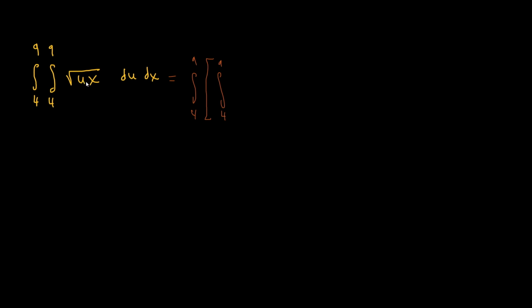And I'm going to rewrite the square root as an exponent. So the square root of u as an exponent is u to the 1/2. And dx is going to be x to the 1/2 also. Okay. And we're going to do the inner part, so it's with respect to du first.